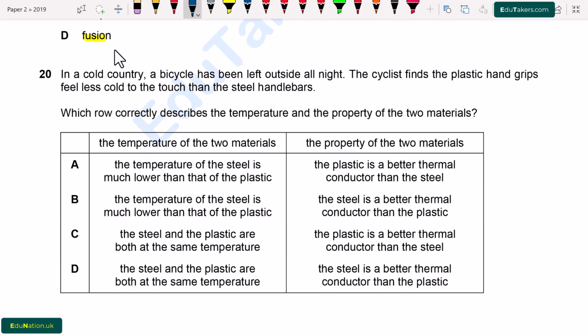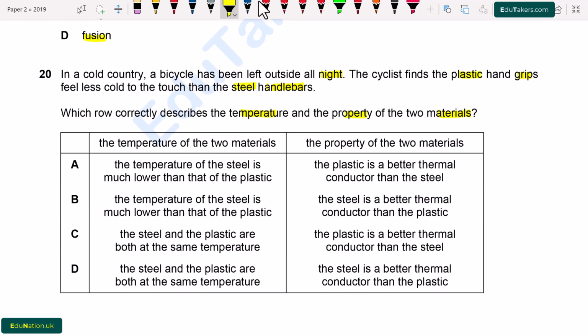Question number 20. In a cold country, a bicycle has been left outside all night. The cyclist finds the plastic hand grip feels less cold to touch than the steel handlebars. Which row correctly describes the temperature and the property of the two materials? First of all, here are two materials, plastic and steel.